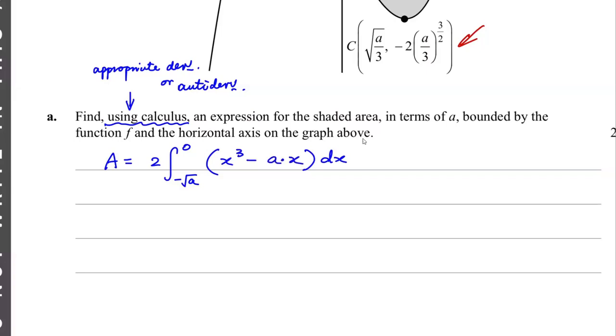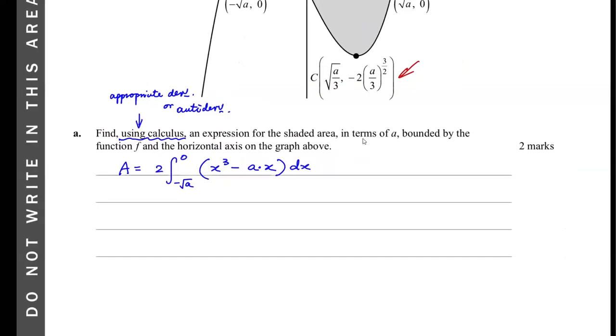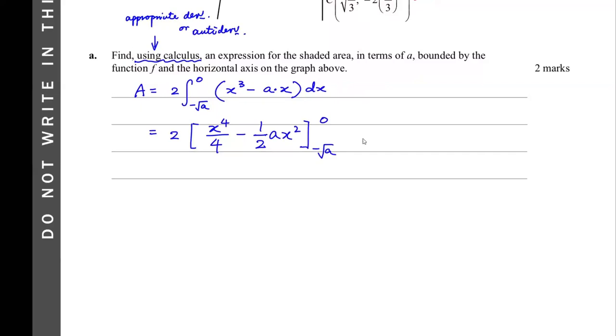I don't think writing down this integral only will attract the first mark. So I think you should at least get your antiderivative, which is quite easy, like a Year 11 exercise, in my modest opinion.